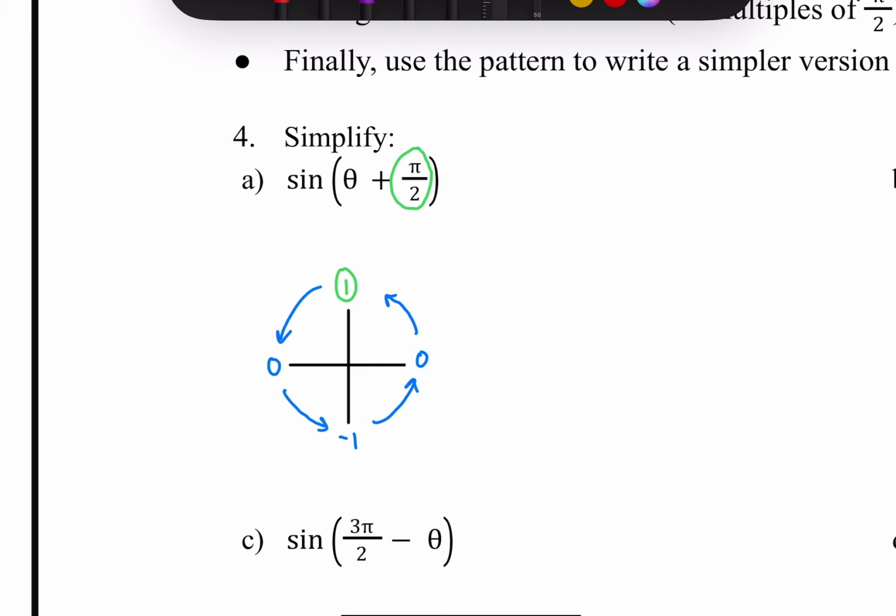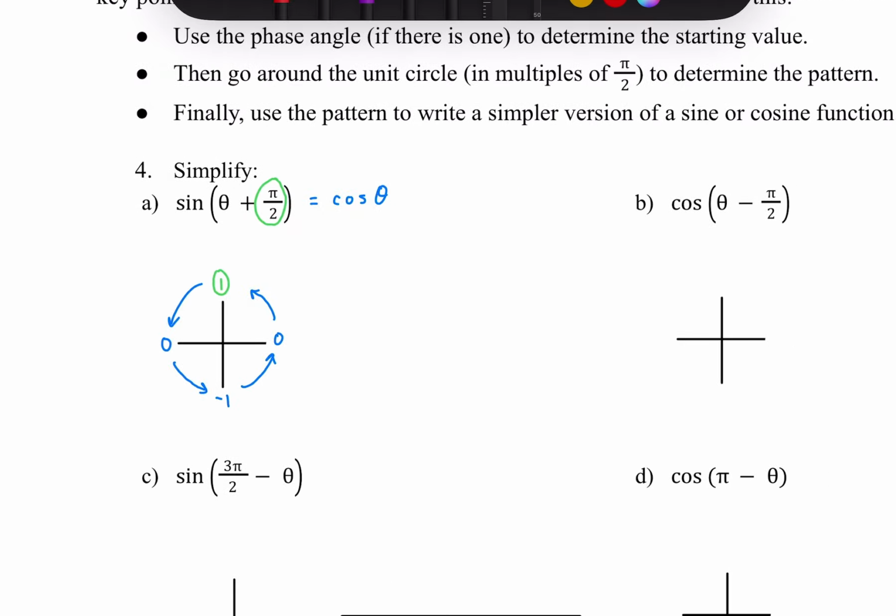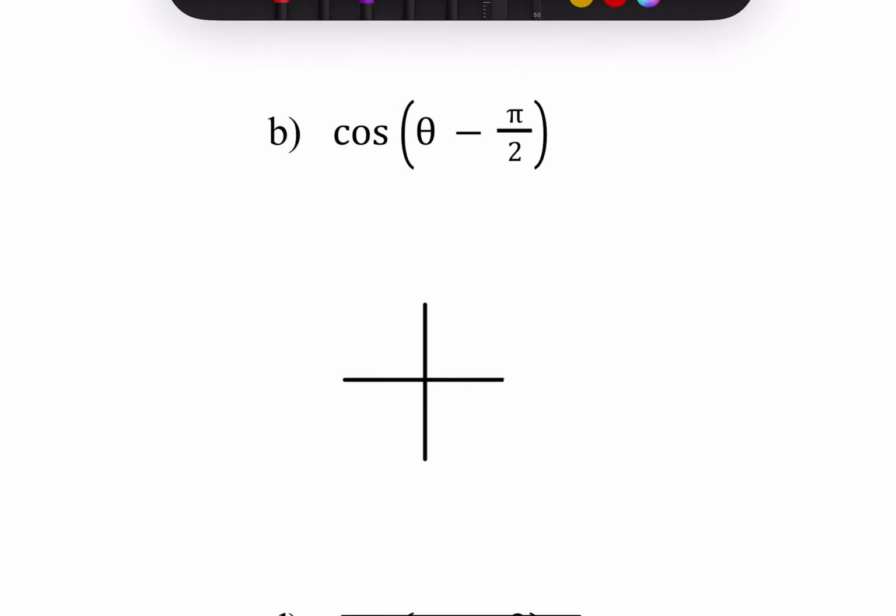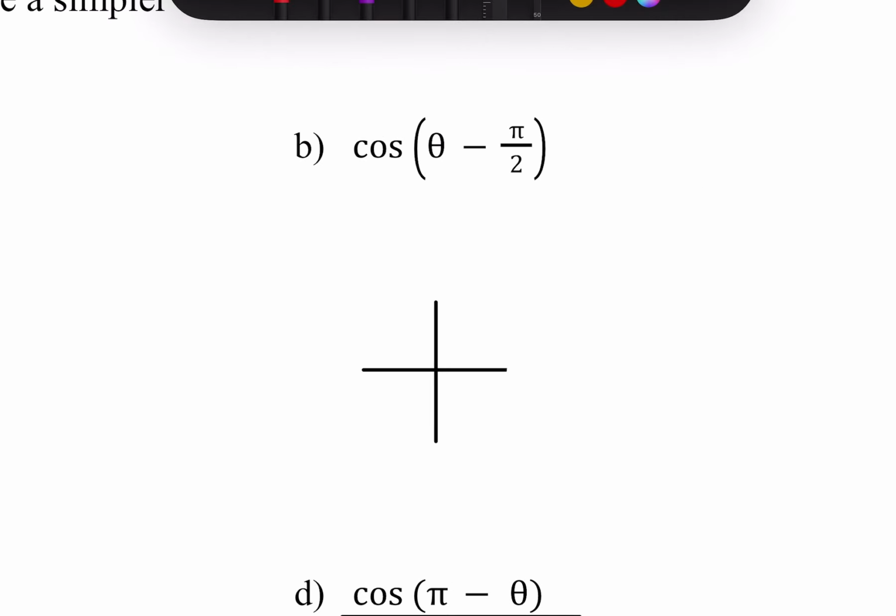So I can just say, well, this is equal then to cos of theta, because it starts at 1 and then goes to 0 and then to -1. If I have a cosine function, again, I take this as my starting value.